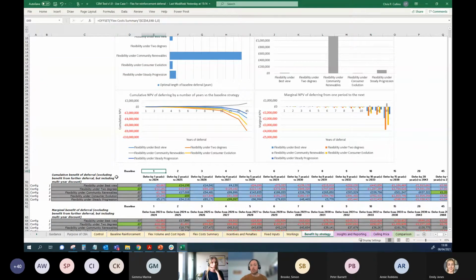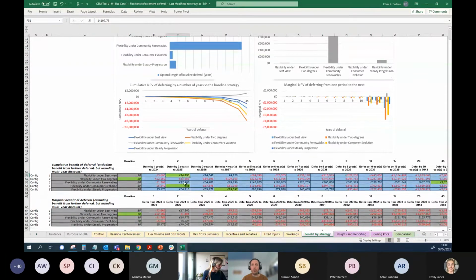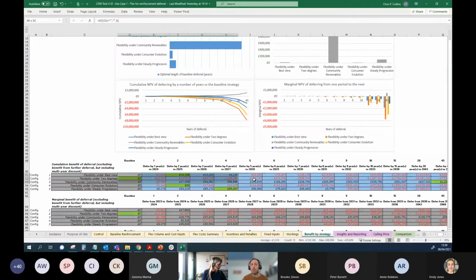It cycles through different numbers of years and works out the benefit of deferring by that number of years.